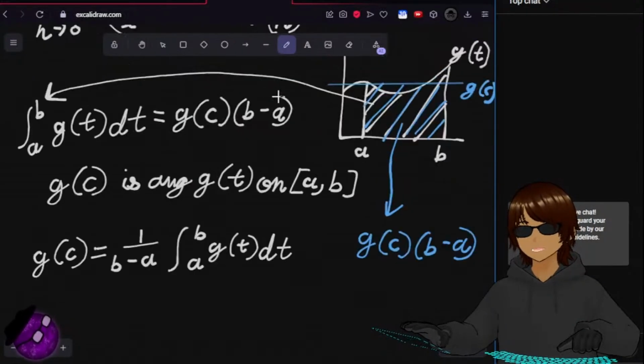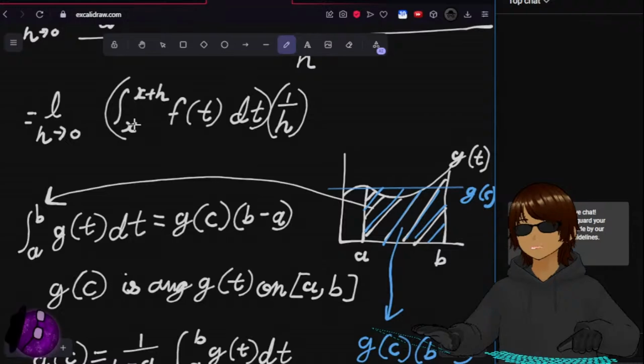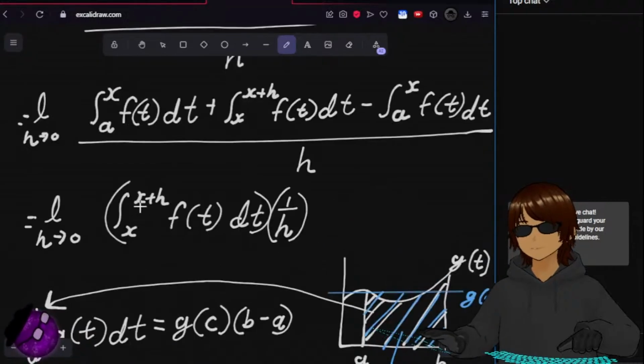This basically means G of c is equal to the area under the curve divided by the interval, which is B minus A. So now going back to our limit over here, notice from x to x plus h, and we are dividing it by h.